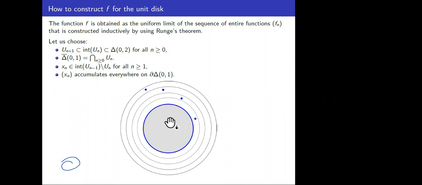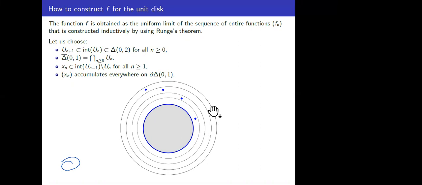Okay, so how do we start? We start with, let's say, this blue one. Inside the blue one, the gray area is your unit disk centered at the origin, and this is the boundary. And this is the outer disk. I will call those sets U0, U1, U2, U3, and so on.